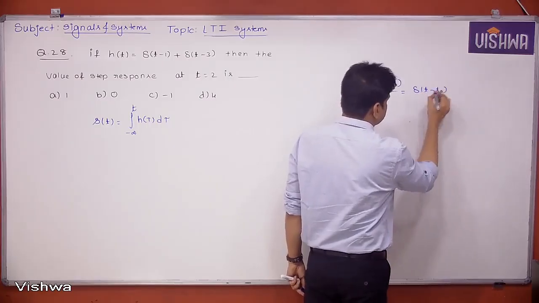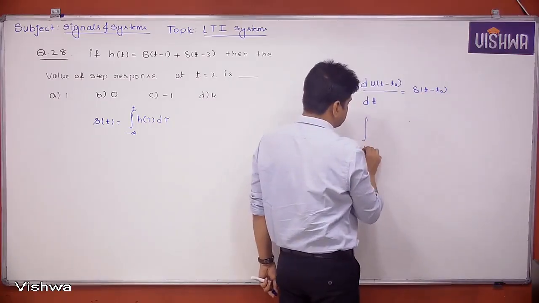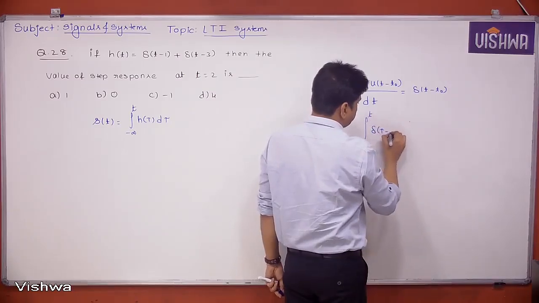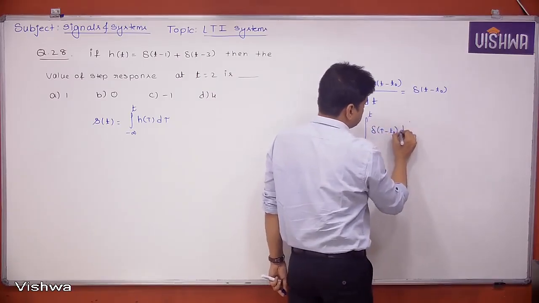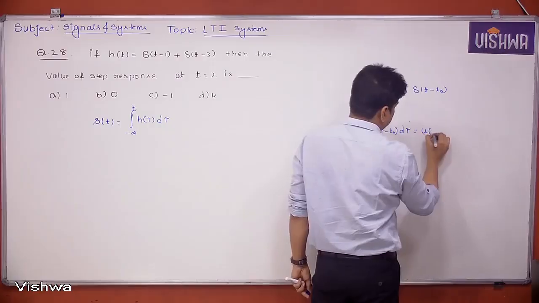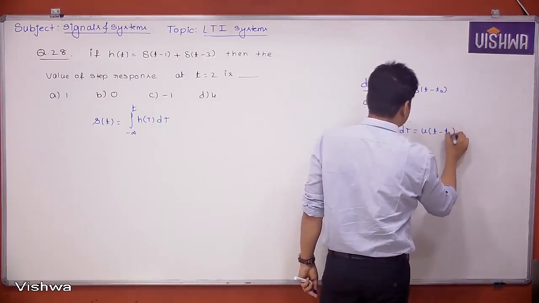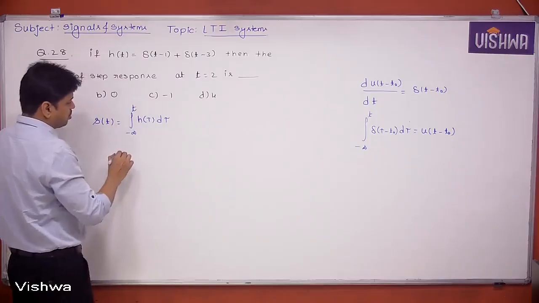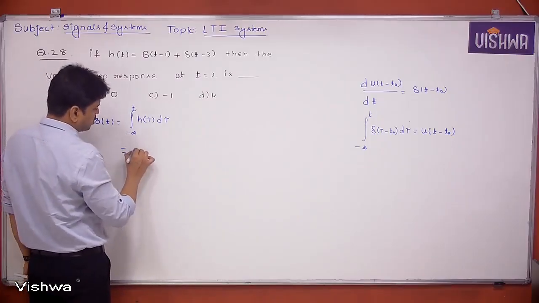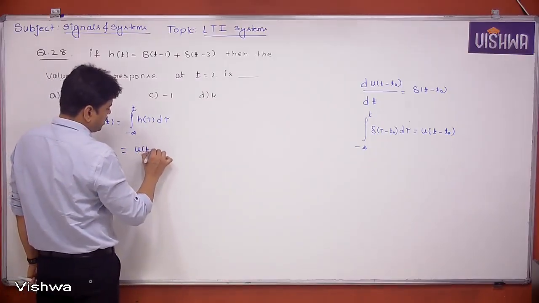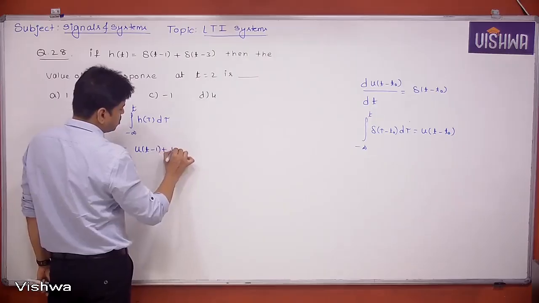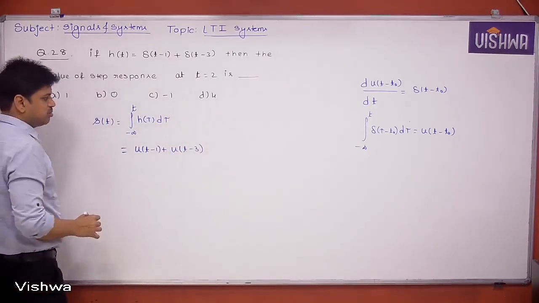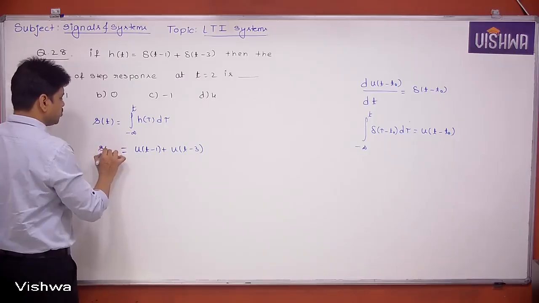In a similar way, integration from minus infinity to t of delta tau minus t naught d tau is equal to u of t minus t naught. Both are the same. So here the integration of the impulse delta t minus 1 plus delta t minus 3 is u of t minus 1 plus u of t minus 3. This is the s of t we got.